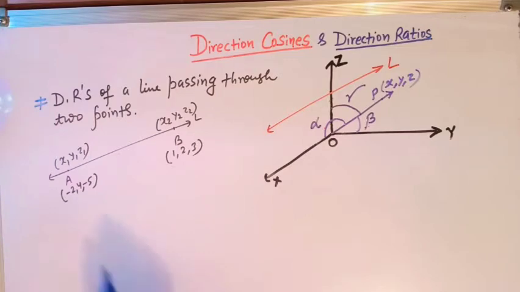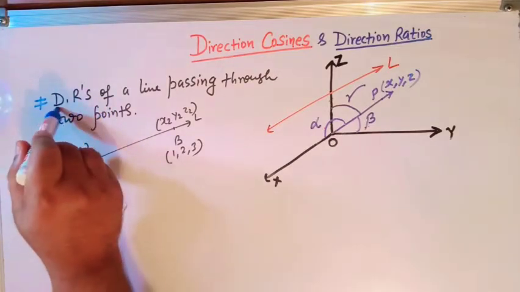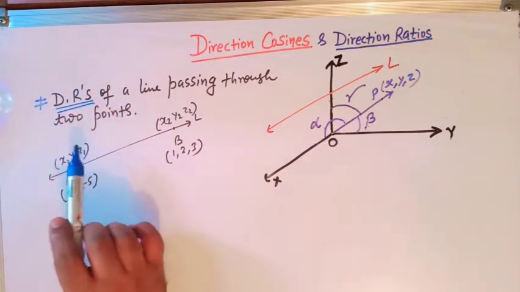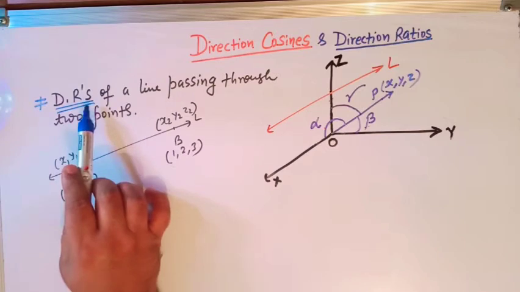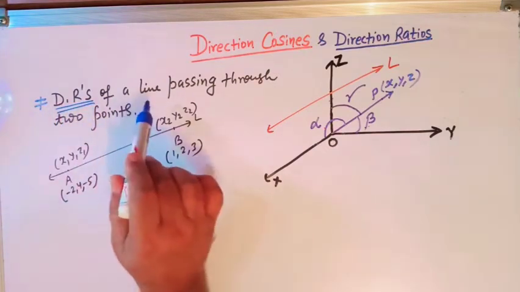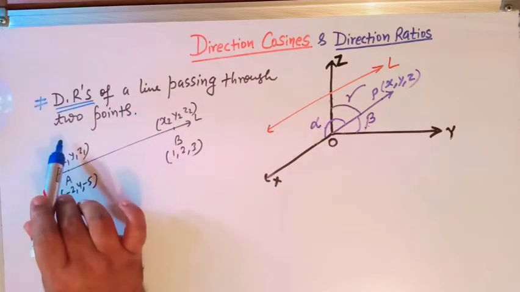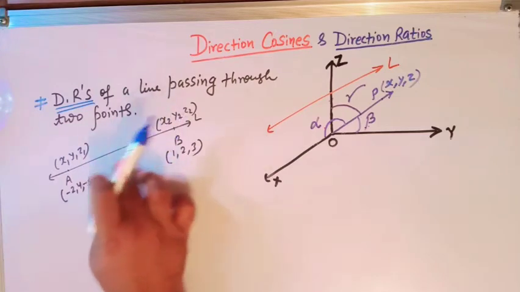Now viewers, let us find the direction ratios, right? In the previous article we have discussed the direction cosines. Now we are discussing the direction ratios of a line passing through 2 points, right? So here again I am taking the same example.